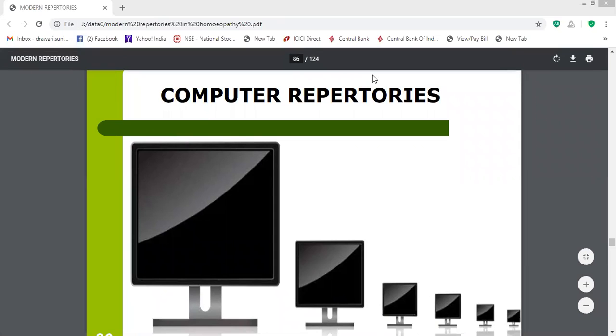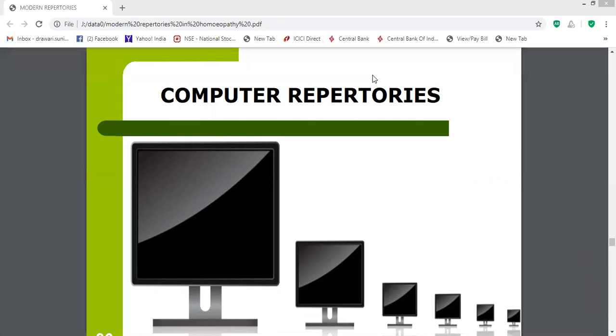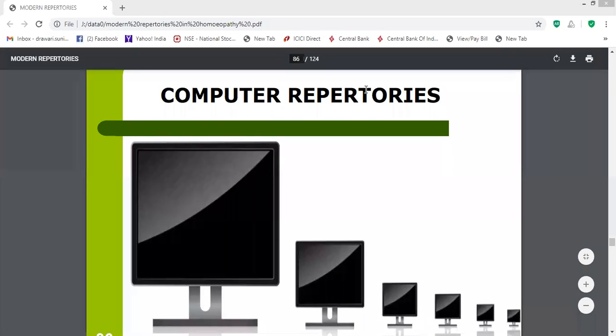So in our homeopathy also, these repertories, which are the softwares we use through computer, are very useful in homeopathic practice.